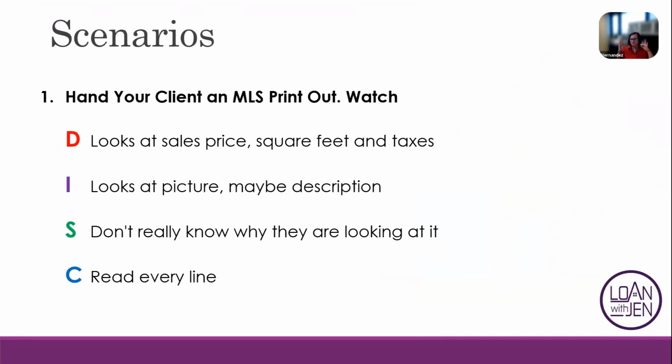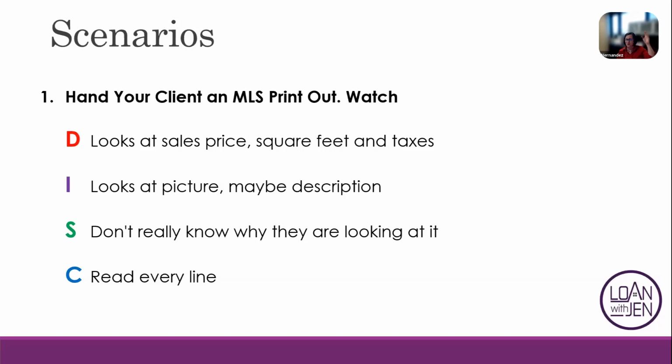This is all from the aspect of, let's say that you're a realtor, because I deal with a lot of realtors. So you hand your client an MLS data printout of a bunch of different houses for sale, and you say, here's the data. The D, the dominant one, is going to look at the price, the square feet, and the taxes. They're just looking for bullet points.